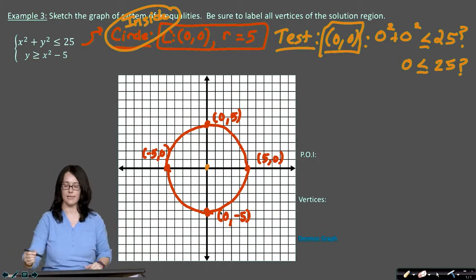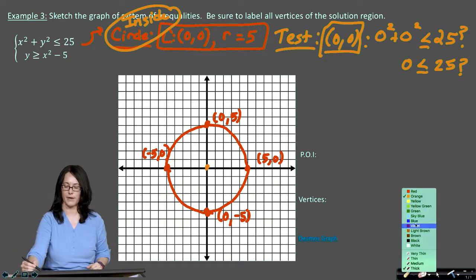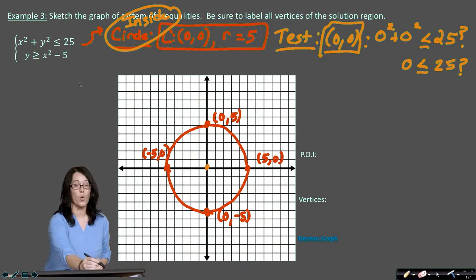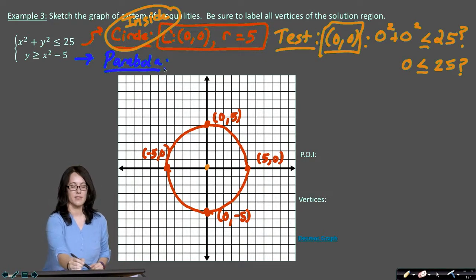Okay, let's hit our second constraint right now. Our second constraint was that y is greater than or equal to x squared minus 5. What kind of constraint was that? That was a parabola. Good job. We've done a few of these in our video series recently. This is a parabola shifted down 5 units, so our key points would be at -1, but instead of 1, if you go down 5, 1, 2, 3, 4, 5, you're here.